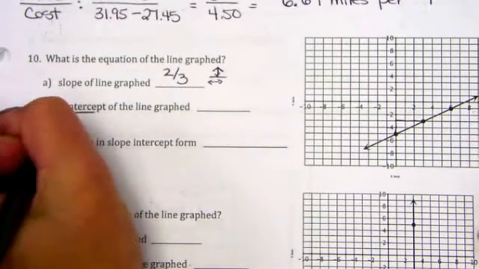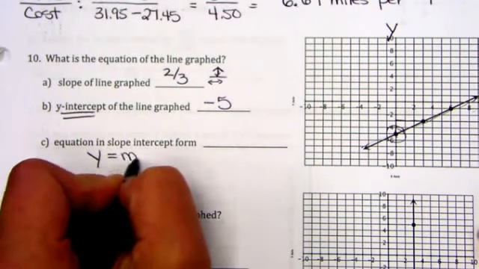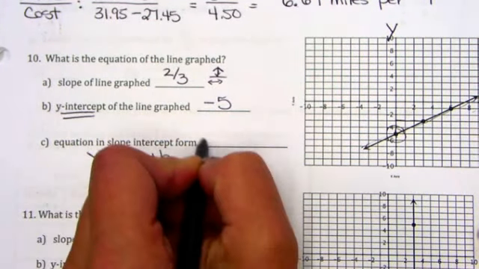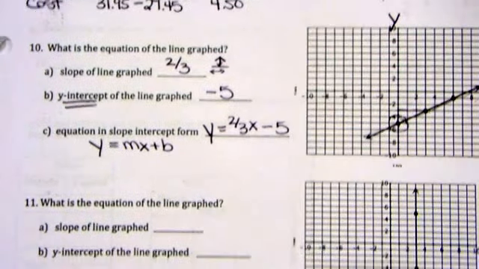The y-intercept of the graph is where the line crosses the y-axis, which is going to be right here at negative 5. So I can write the equation in y equals mx plus b form. Y equals my slope times x minus 5, which is my y-intercept.